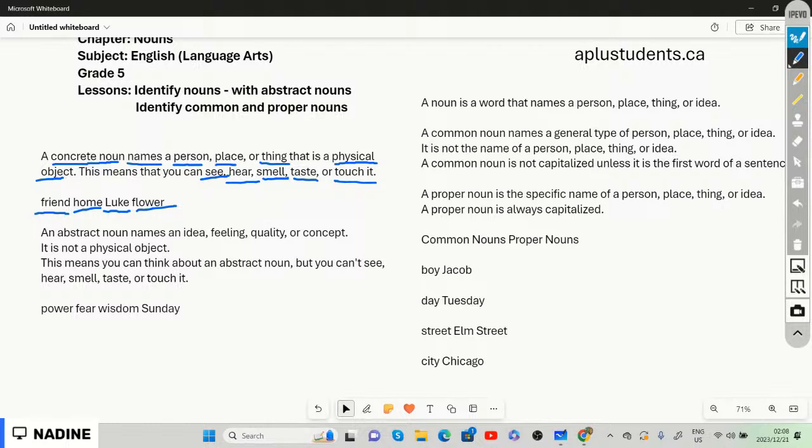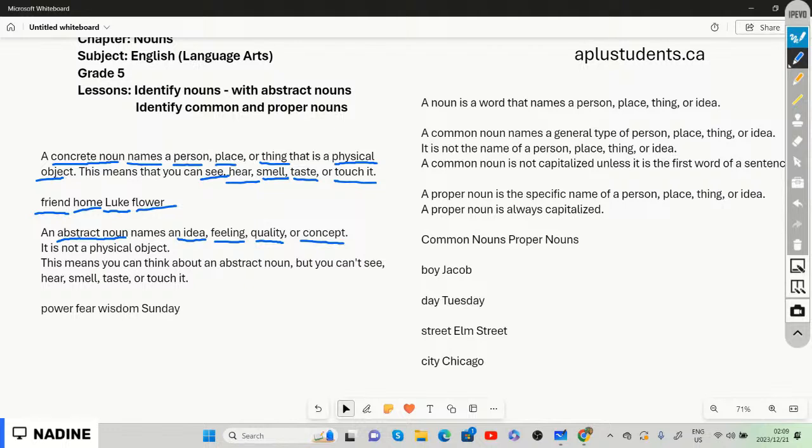And then we have abstract nouns. An abstract noun names an idea, a feeling, a quality, or a concept. If you hear words like an idea, do we see ideas? Feelings, do we touch feelings?